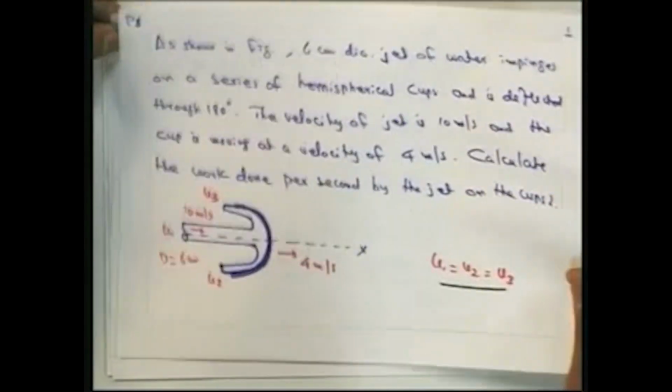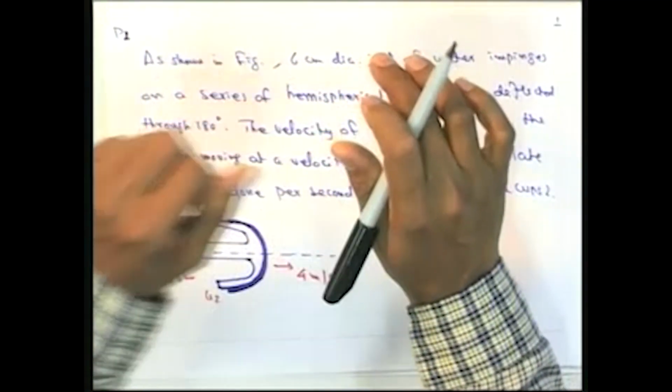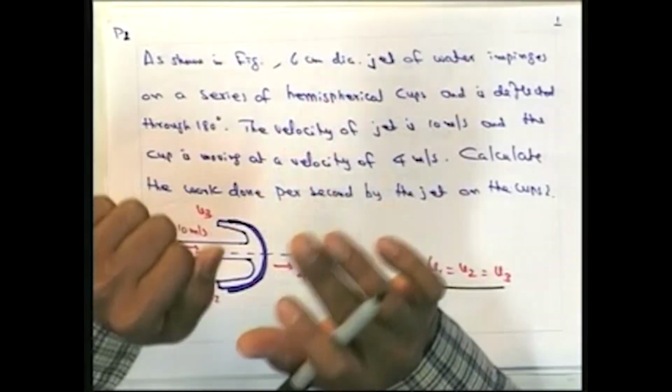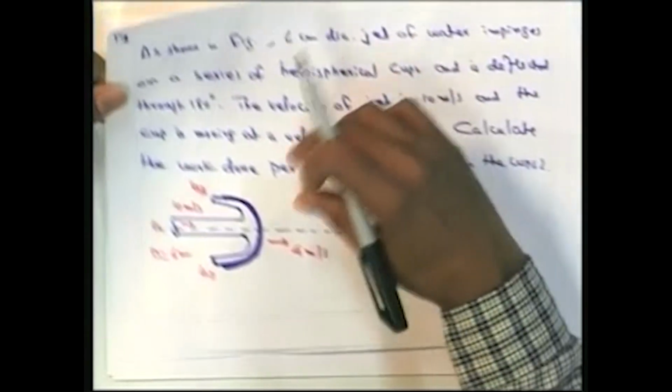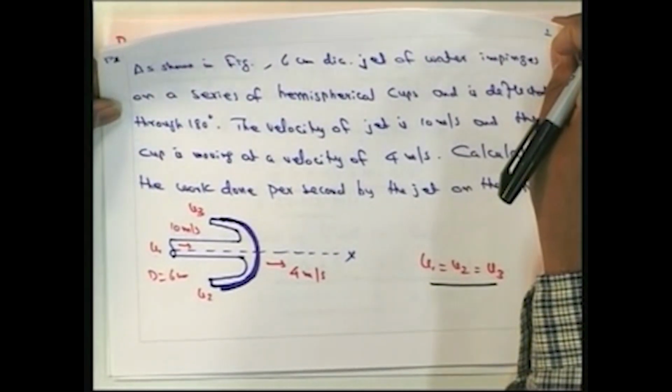Here we have analyzed a problem with relative movement, where the vane or the cup is moving with respect to the jet action. What we have to note here is that while finding the force exerted on the cup, we have to consider the relative velocity, since the cup is also moving in the direction of the jet.